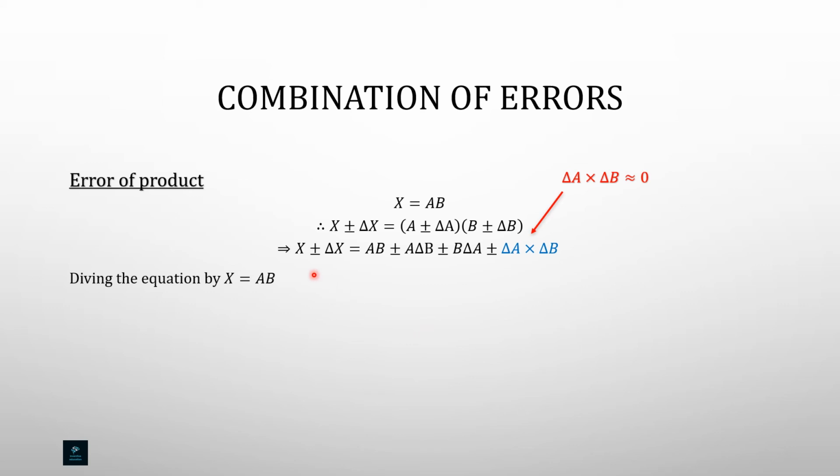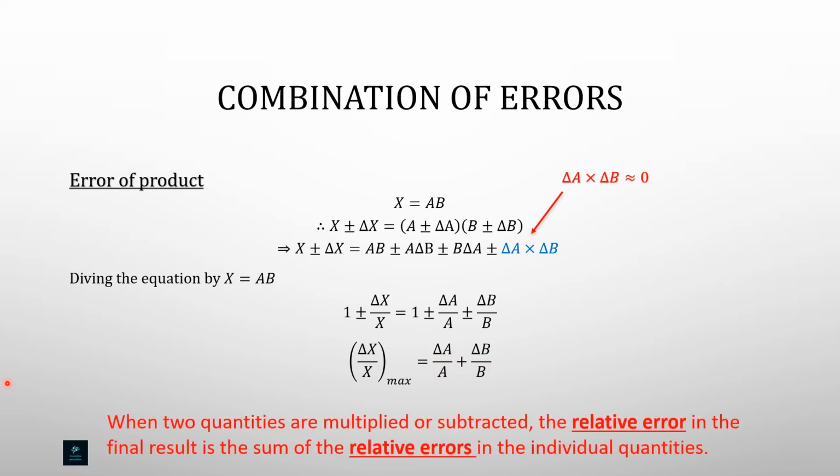Then dividing this equation by x equal to AB, we get 1 plus minus delta x by x equal to 1 plus minus delta A by A plus minus delta B by B. Therefore, the maximum error in the quantity x is equal to delta A by A plus delta B by B. This means that when two quantities are multiplied, the relative error in the final result is the sum of relative errors in the individual quantities.